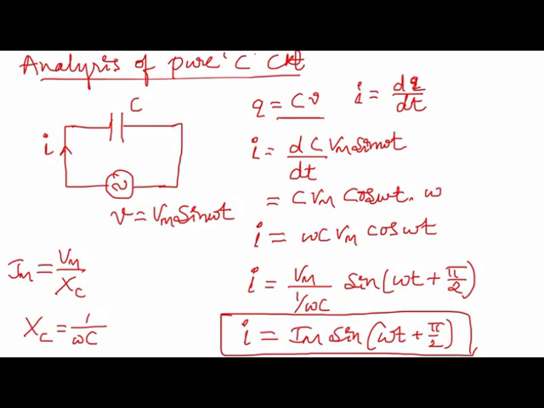By comparing the voltage and current waveforms, we can say that our current wave is leading by an angle of 90 degrees. Since it has a plus sign, plus pi by 2, the current wave starts 90 degrees before the voltage wave starts, which means the current is leading by 90 degrees.